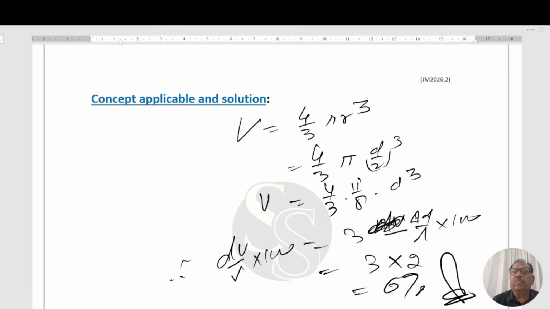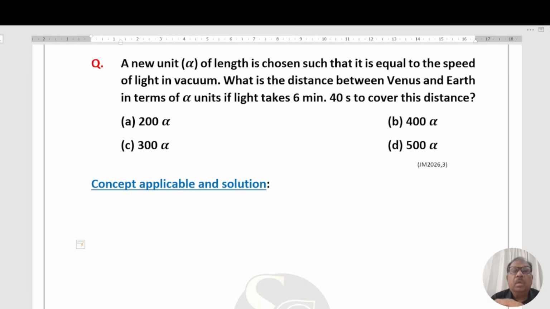Now question. A new unit alpha of length is chosen such that it is equal to the speed of light in vacuum. What is the distance between Venus and Earth in terms of alpha units if light takes 6 minutes 40 seconds to cover this distance?